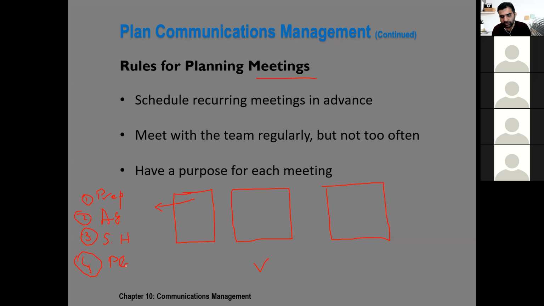So you should ensure that all the facilities, the meeting room or any other facility required for the meeting, should be available. So these are a few best practices that you can think about before even planning for the meeting.